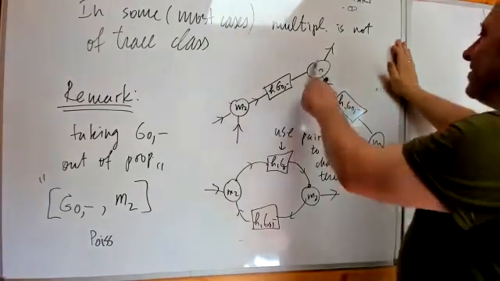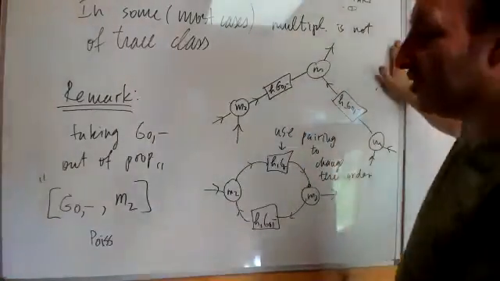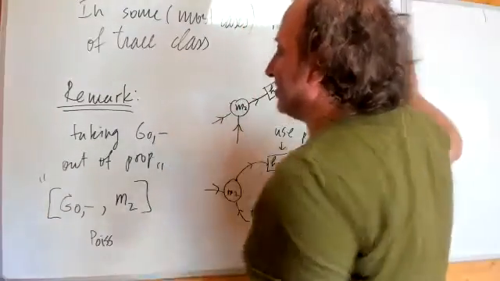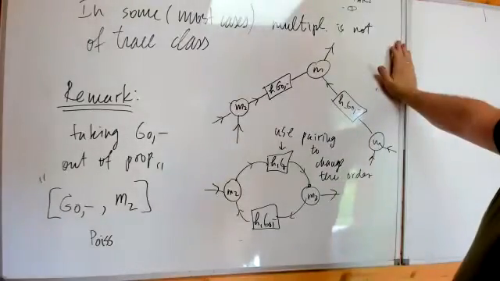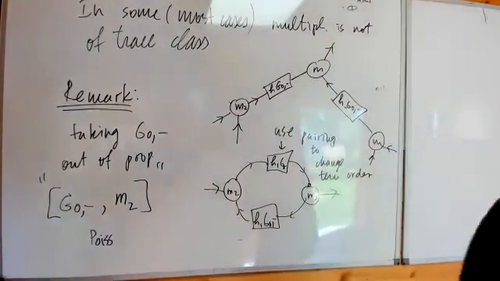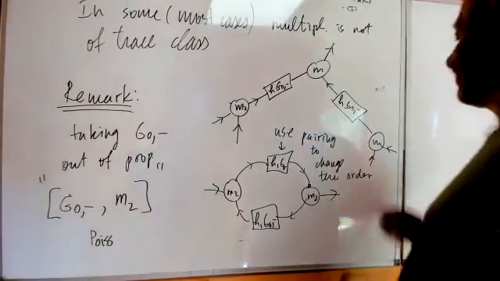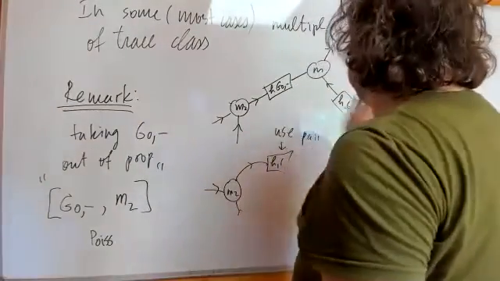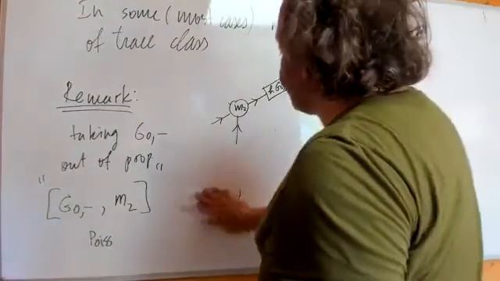At least one vertex would come without this commutation of G naught minus and M. So G naught minus commutes with H, right? Yes.